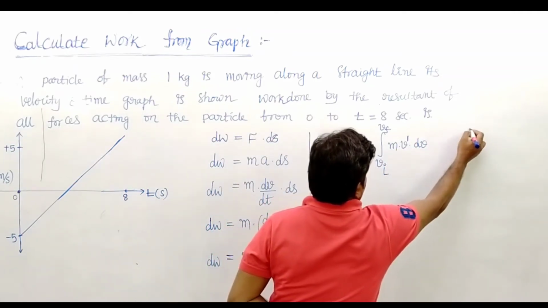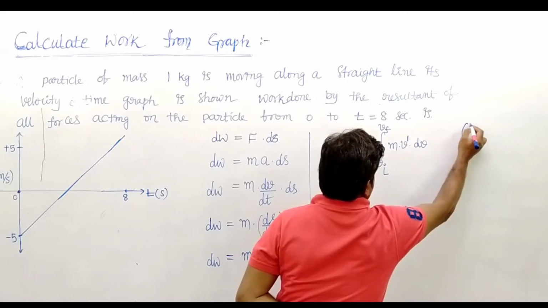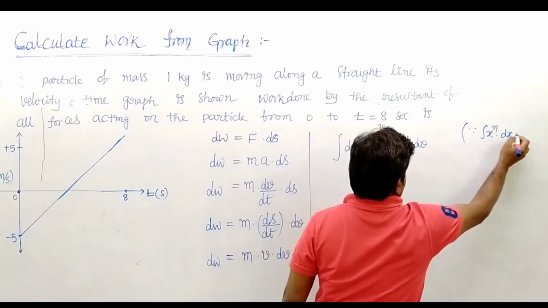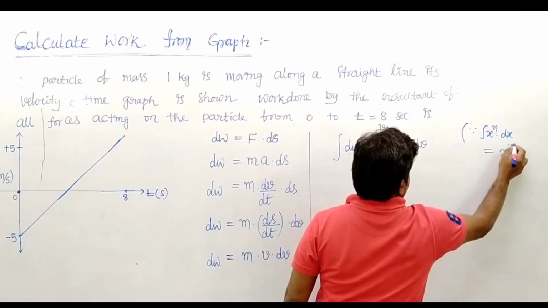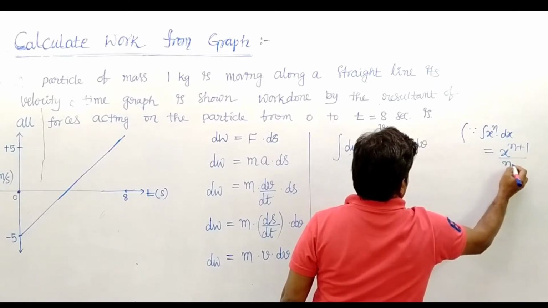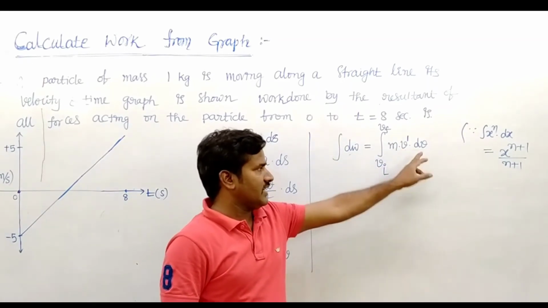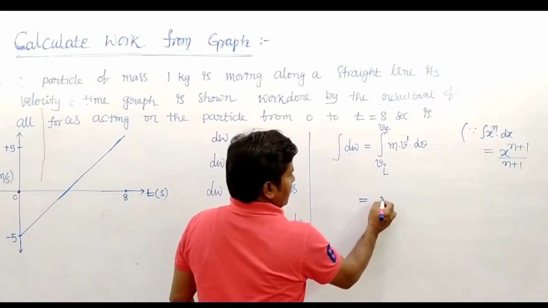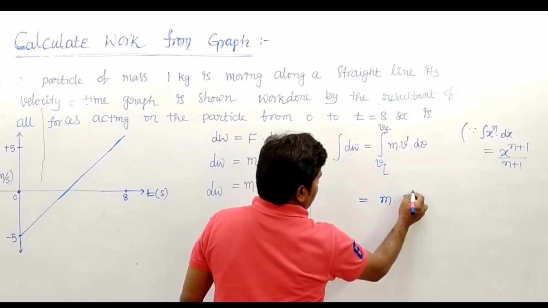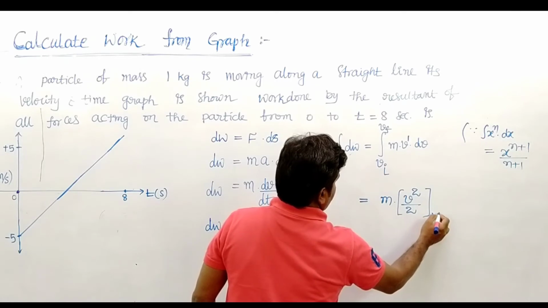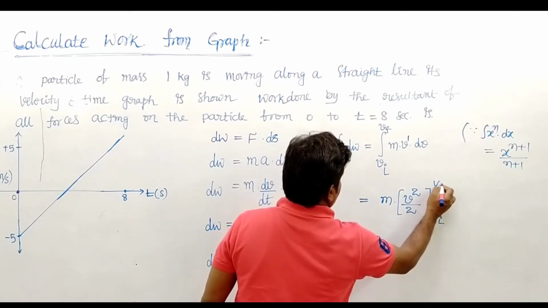Integration of x power n dx is x power n plus 1 upon n plus 1. Using this formula, integration of v power 1 dv is v square upon 2, with limits v initial and v final.